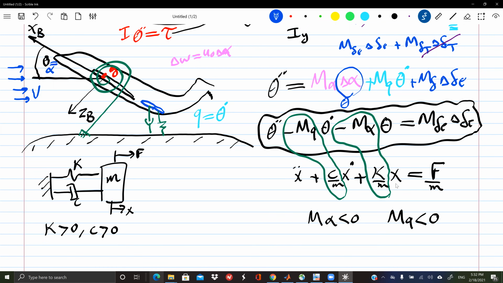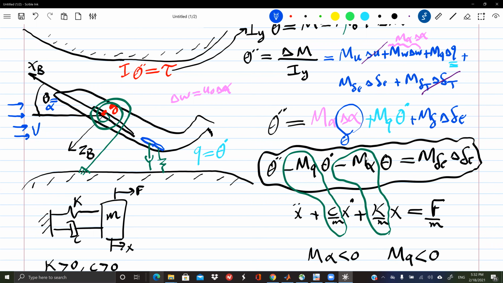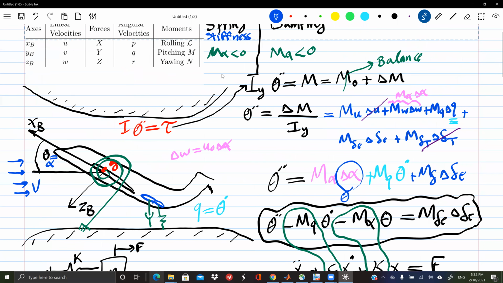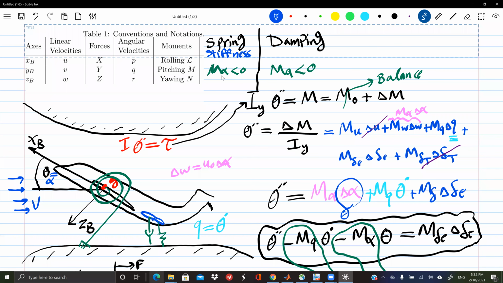If it's a rotational motion, it's proportional to the displacement theta. So it's a force due to displacement or a moment due to an angle. This is why here M alpha is my spring or stiffness. It's a moment M due to an angle alpha, and it's opposing the disturbance. So M alpha is your pitch stiffness or pitch spring.